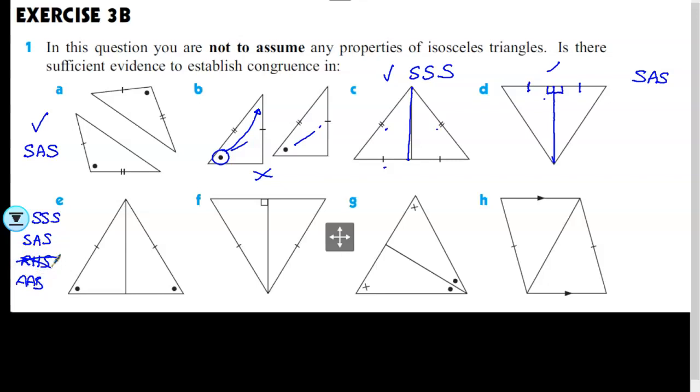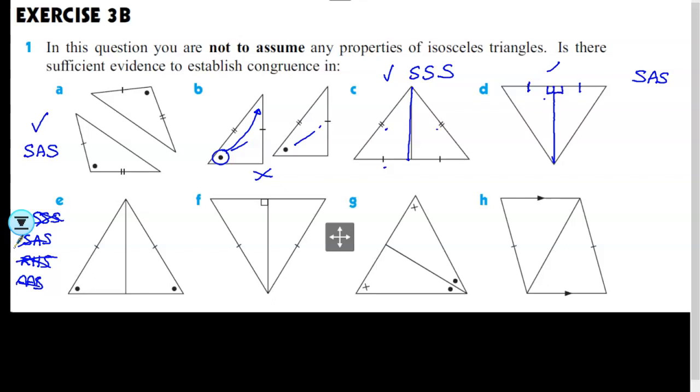Do we have all three lengths? You're out. Have I got side, angle, side? No, so I haven't satisfied that information. So that's quick, you don't have to stare at it for hours. List it down and decide immediately. Agreed? Are we good? We reckon we've got this?